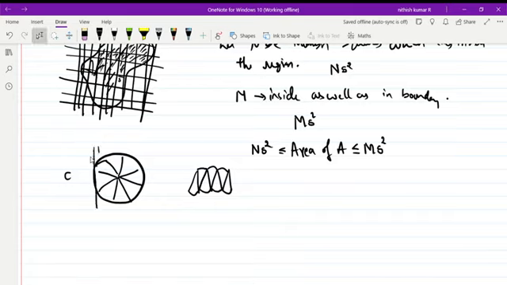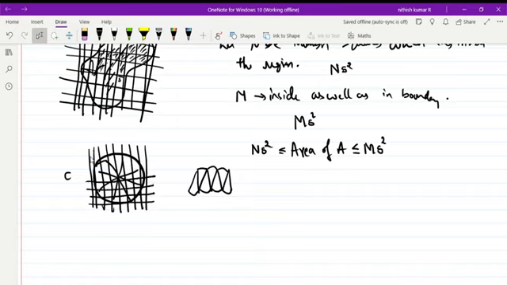Again, divide into equal segments as you did before. You have the circle and smaller squares with side s. Now say this is a circle with radius r.